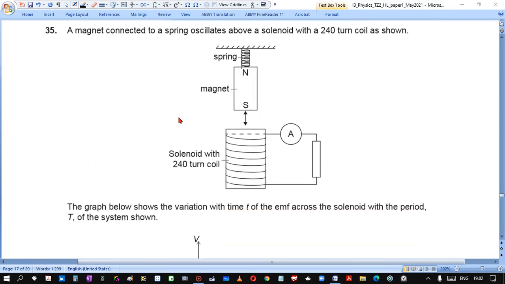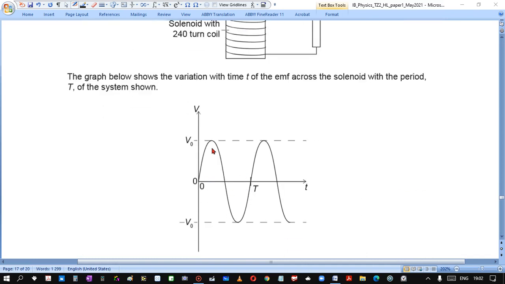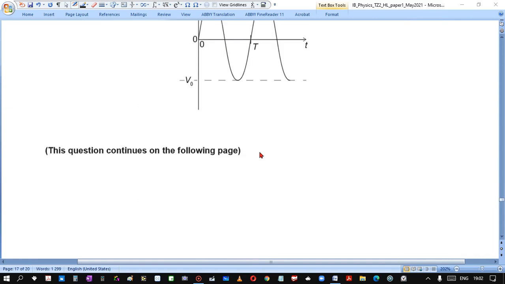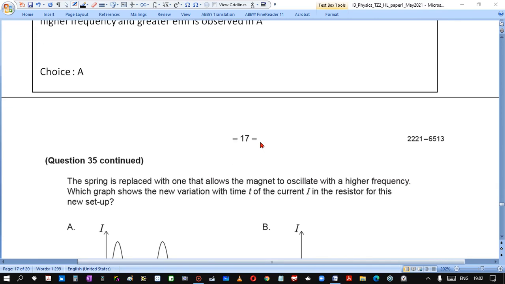Question 35. A magnet connected to a spring oscillates above a solenoid with a 240 turn coil as shown. The graph below shows the variation with time of the EMF across the solenoid with the period T of the system shown. So we have some period. The spring is replaced with one that allows the magnet to oscillate with a higher frequency.